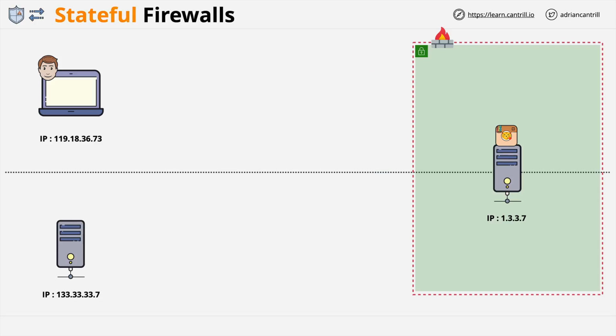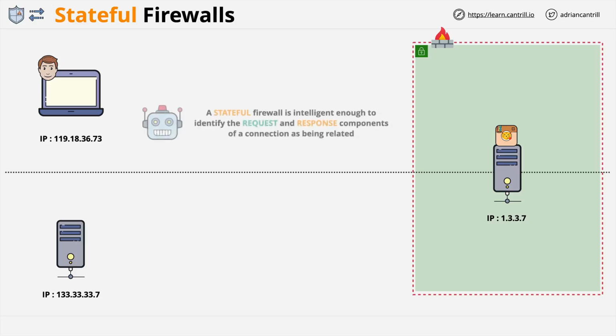So we're going to use the same architecture. We've got Bob's laptop on the top left, the catagram server on the middle right, and the software update server on the bottom left. A stateful firewall is intelligent enough to identify the response for a given request.